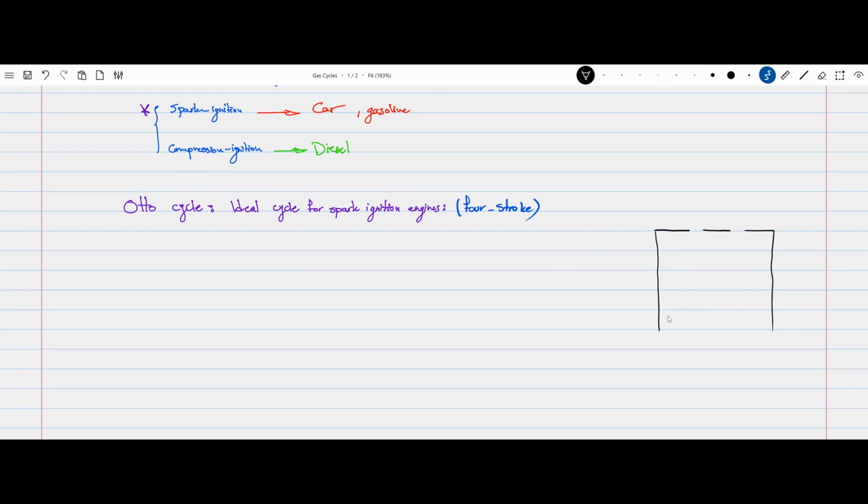Say this is the cylinder, and this here is the piston. We have the intake valve and the exhaust valve on top of the cylinder, like so. So this one is the intake valve, and this one is the exhaust valve.